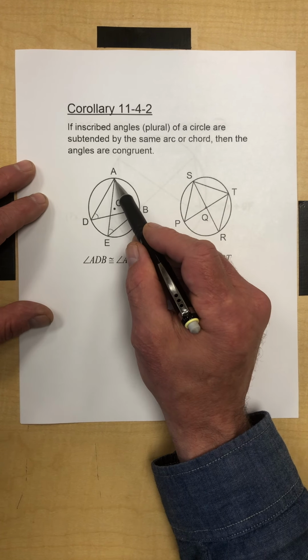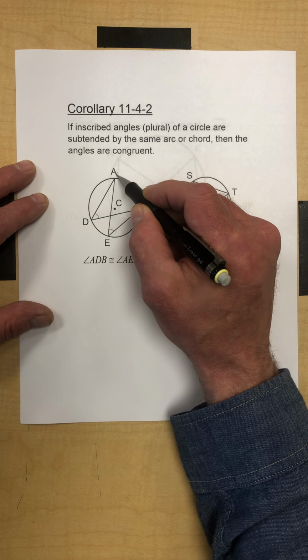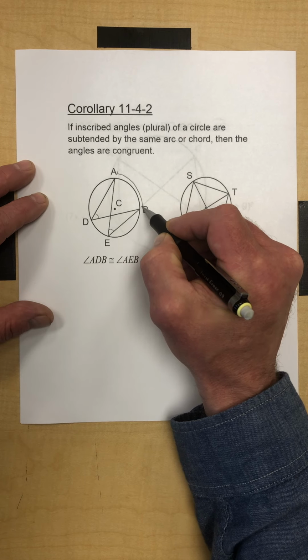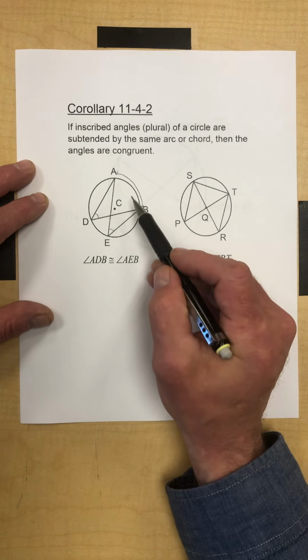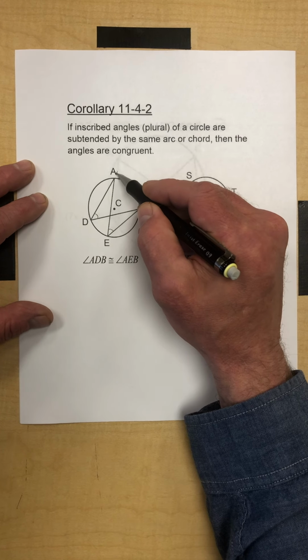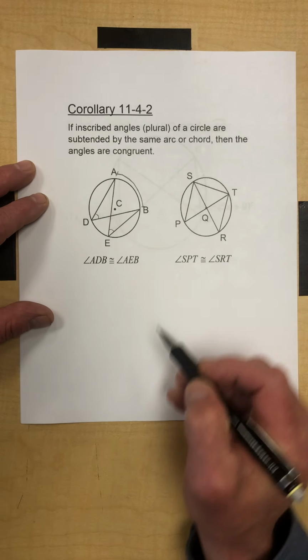If we look at angle ADB, the arc that subtends it is arc AB. And if we look at inscribed angle AEB, notice that once again it is subtended by arc AB.